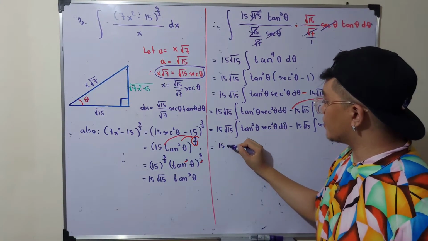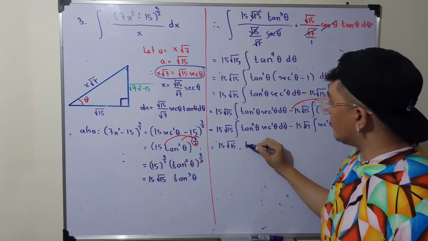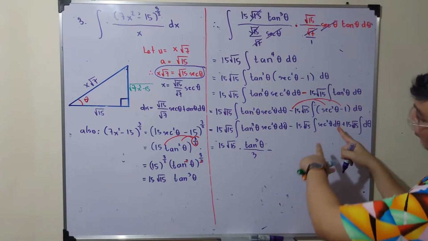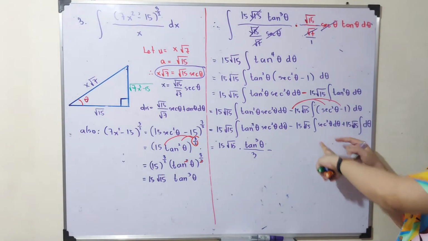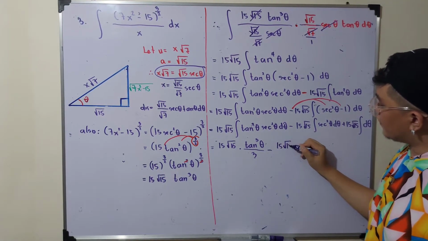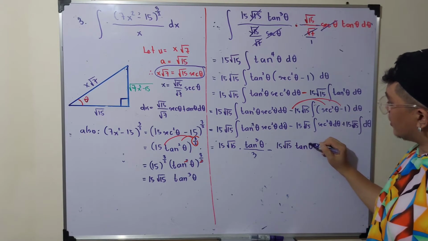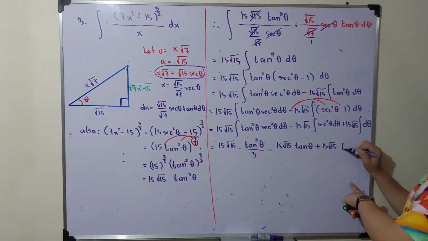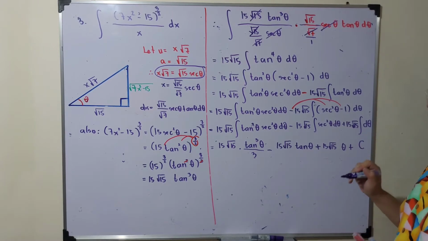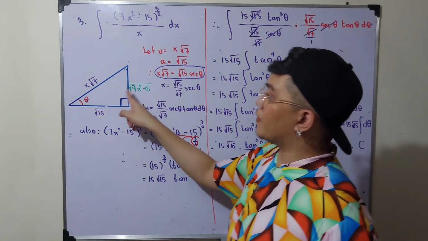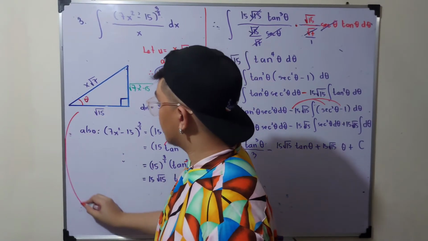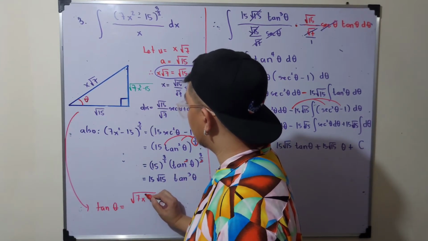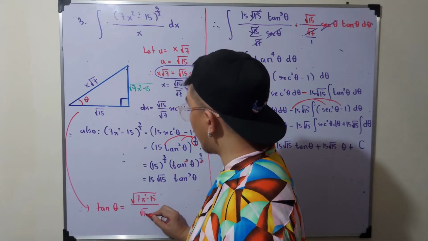So, we have 15 square root of 15 times tangent cube theta over 3. Ito, ang integral nito ay tangent theta. So, we have 15 square root of 15 tangent theta plus 15 square root of 15 theta plus c. Okay, kunin natin yung value ng tangent from here. So, tangent is opposite over adjacent.